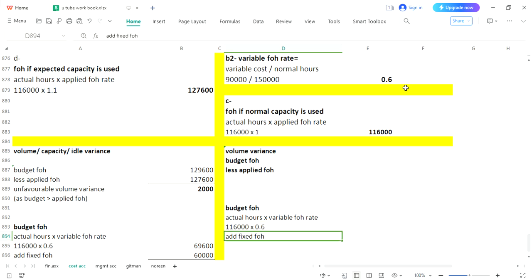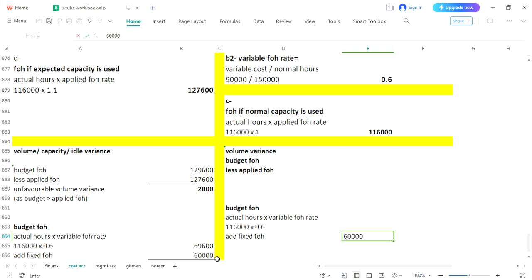First statement completed. Then we do know fixed FH would remain the same for every capacity. So 60,000 is your fixed FH right over here, and now the statement would be put on the calculator. 116,000 multiplied by 0.6. We have got two elements, and now it's time to calculate.